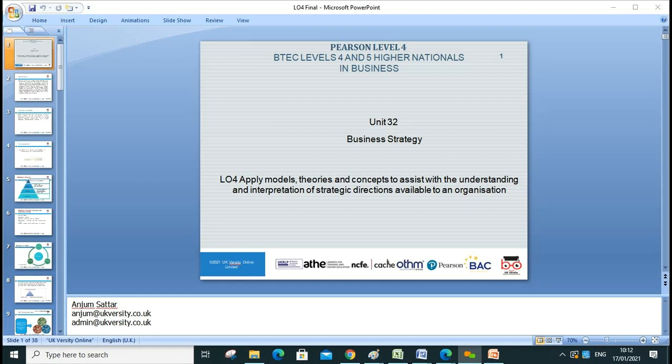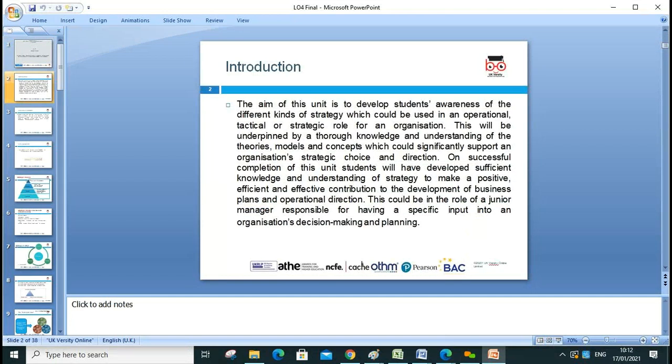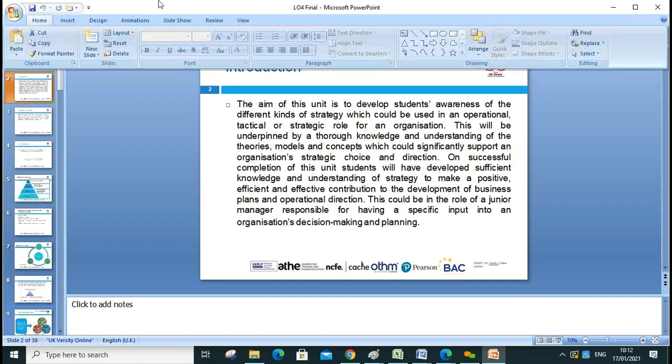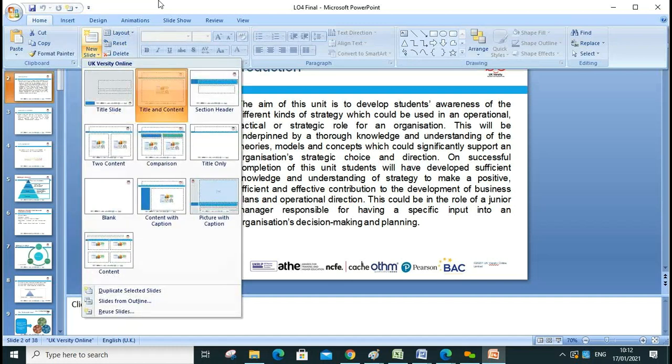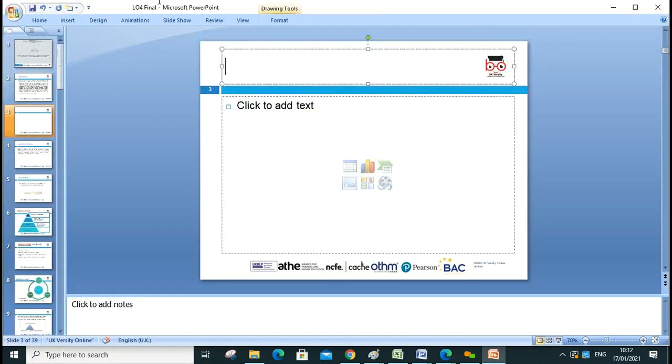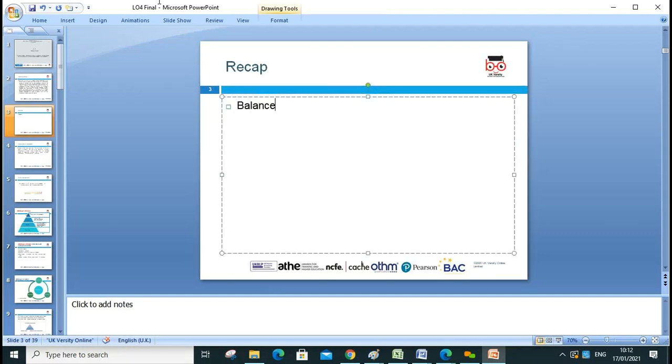Before starting this session, first of all, we'll try to recap what we learned during our last three lessons. Anyone remember what we learned? Yes, we learned about the balanced scorecard, the strategic choices.